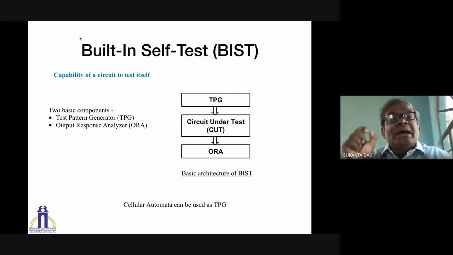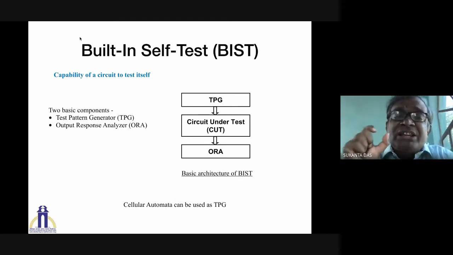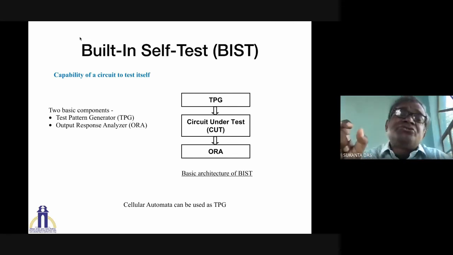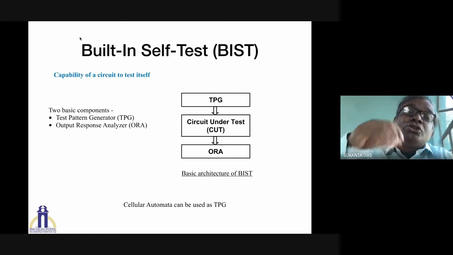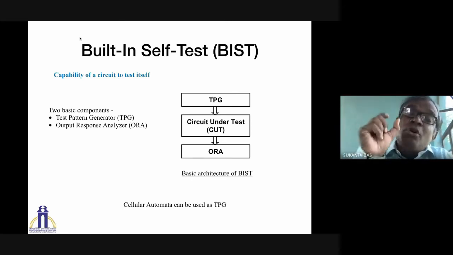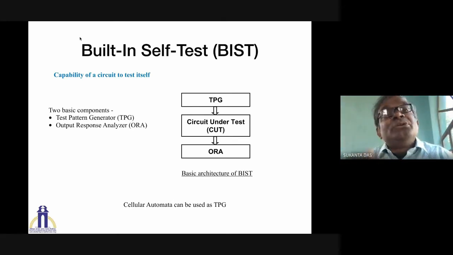Its name is built-in self-test, BIST. The point here is that a small circuitry is placed inside the main circuit. That small circuit is also manufactured during the manufacturing of the whole chip.